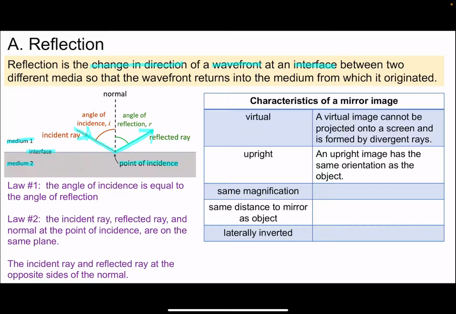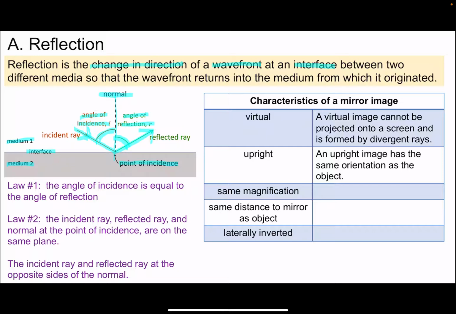So please be very careful. The normal should always be described as the vertical line or the perpendicular line at the point of incidence. And the angle of incidence is always measured between the normal and the incident ray, and the angle of reflection is always the angle between the normal and the reflected ray.